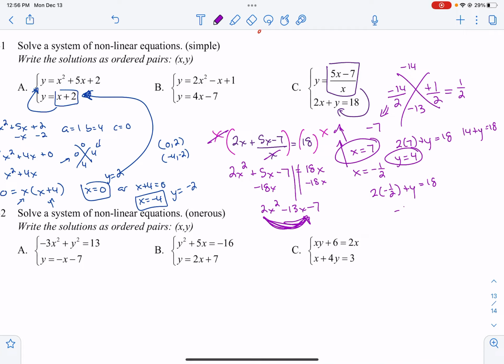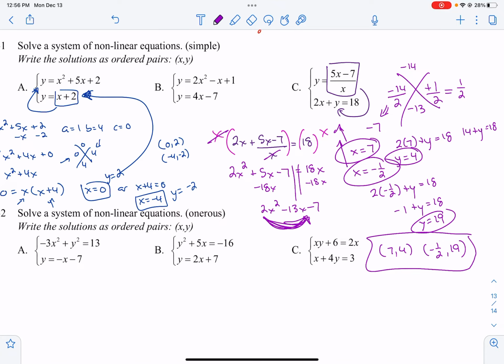So negative 1 plus y equals 18. So that means that y equals 19. So when x is negative 1/2, y is 19. So my answer becomes (7, 4) and (-1/2, 19). Those would be my two answers.